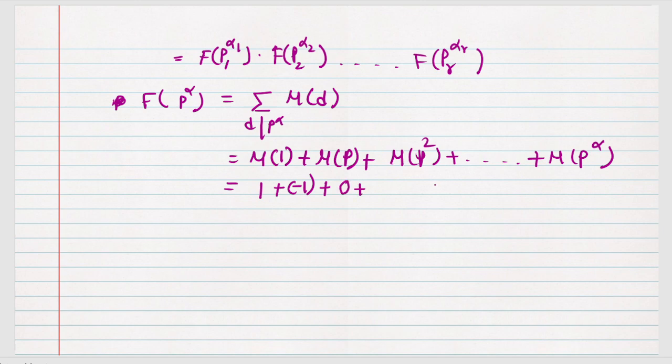The same holds for mu of p cube, and so on. The value of mu of p raised to the power alpha must always be equal to 0. So the sum is 1 minus 1, which means the value of F of p raised to the power alpha is equal to 0.